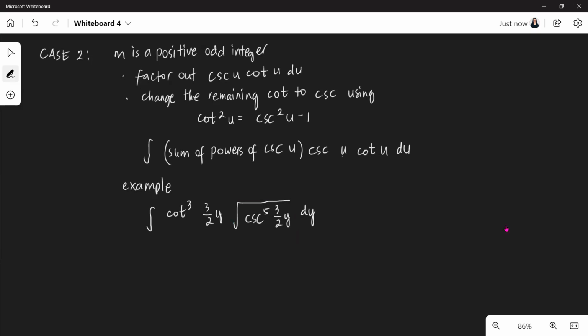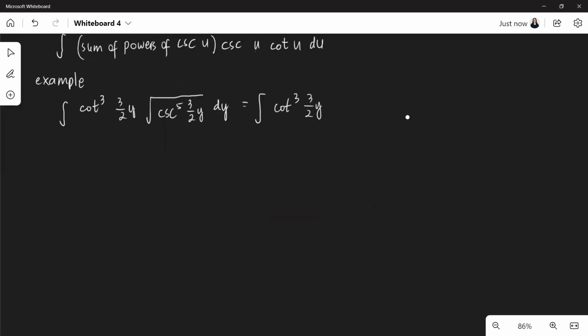We'll just write it using rational exponents to make it easier to work on. So it's cosecant 5/2.